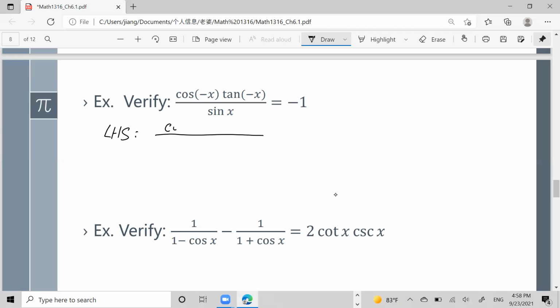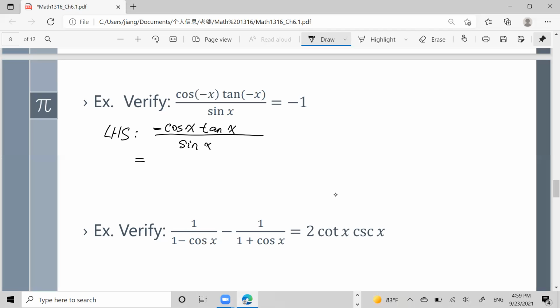This one is cosine x, because cosine is even. Tangent is odd, so I pull the negative sign outside, equals negative tangent x. Since they are multiplied, I can pull the negative sign to the front. The bottom one is positive sine x.